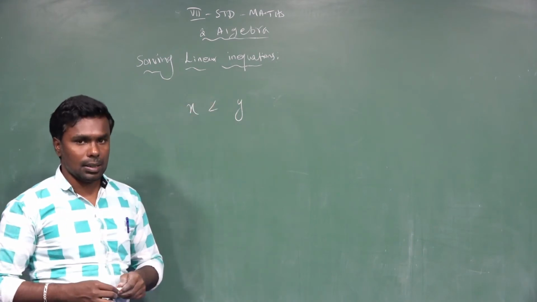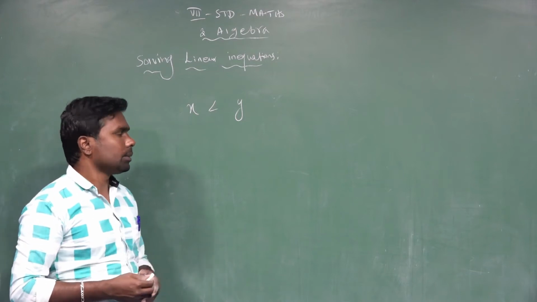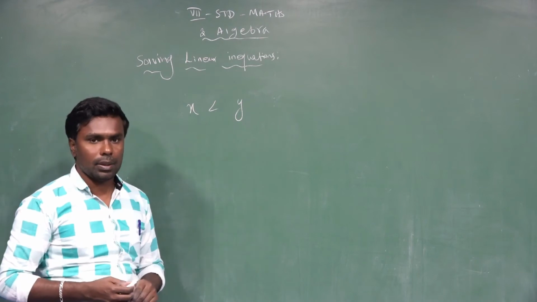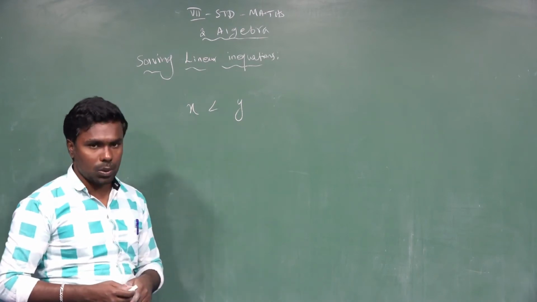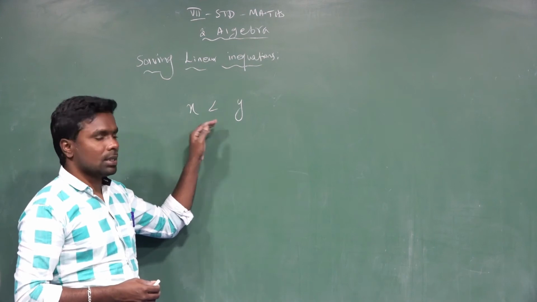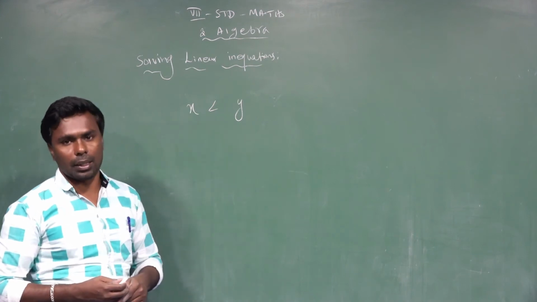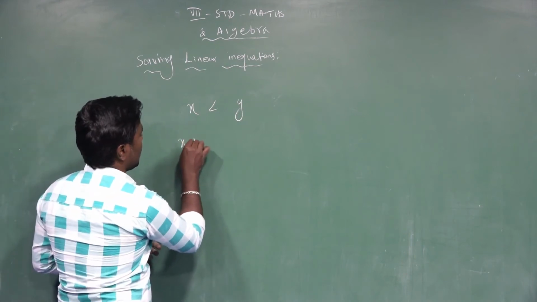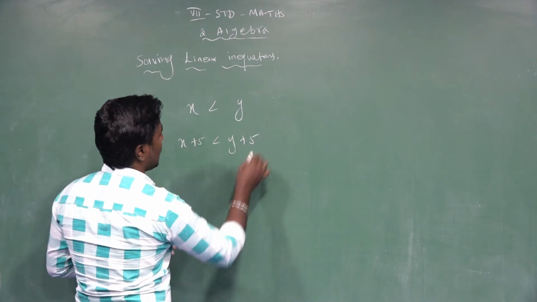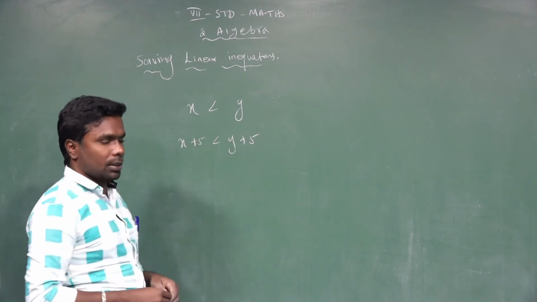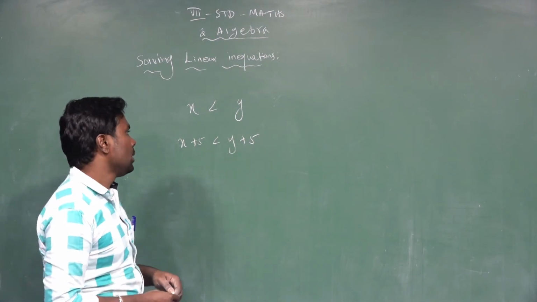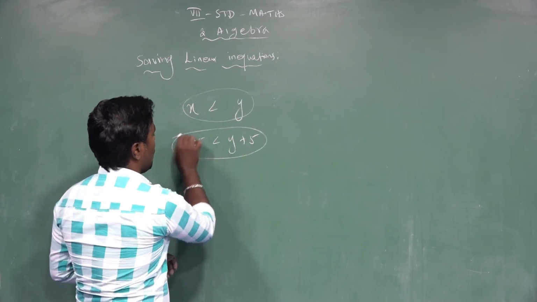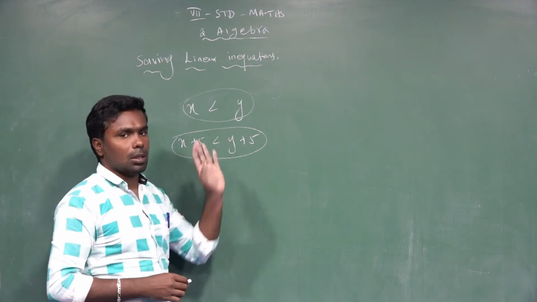When we add the same number on both sides, the inequality does not change. For example, x plus 5 less than y plus 5. I add the number 5 to the left hand side and the right hand side. The x less than y and the x plus 5 less than y plus 5 are both the same.